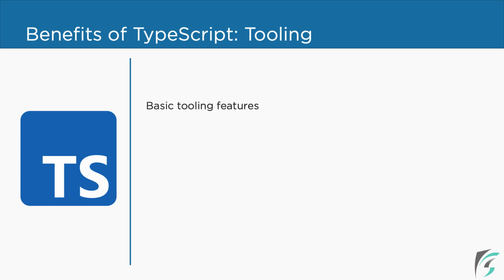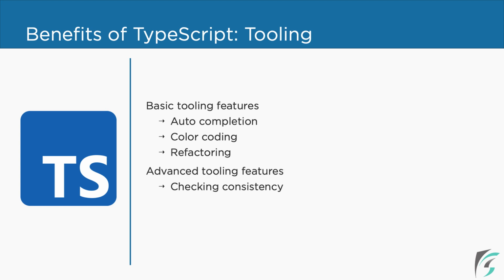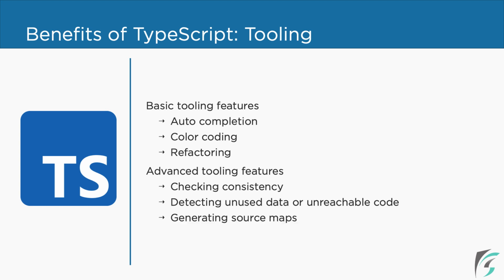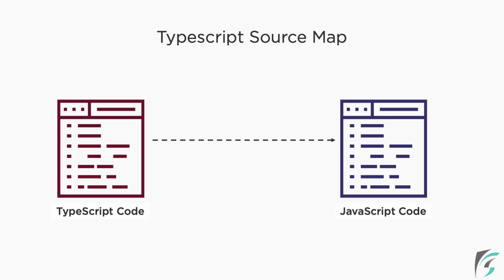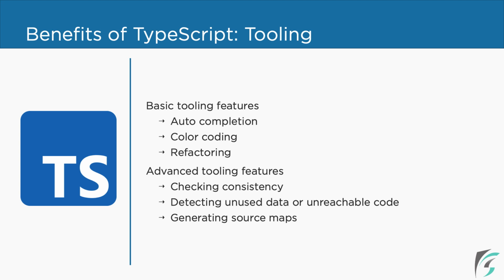TypeScript allows basic tooling features like auto-completion, color coding, and refactoring, to advanced tooling features like checking consistency about how we are defining and using our data, detecting unused data or unreachable code, and generating the source maps, meaning when we execute TypeScript code and run it in the browser, it actually generates the JavaScript code. And this JavaScript code can be mapped back to the equivalent TypeScript code as well. This way, we can debug our code in TypeScript itself.